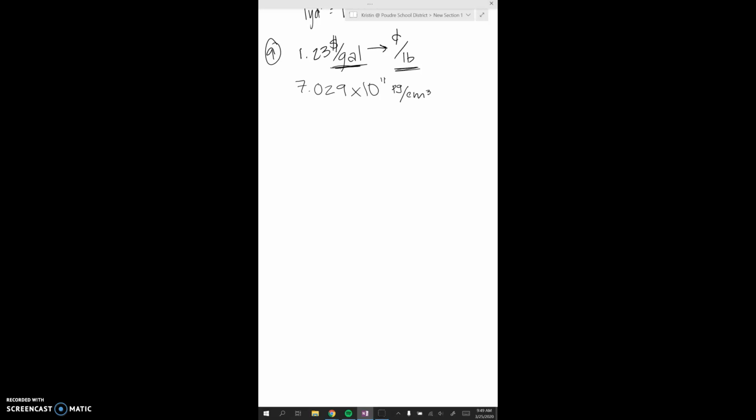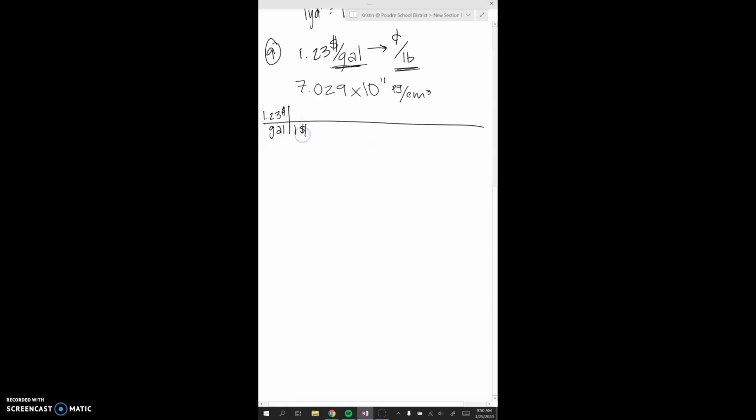I really am just going to have to make some of the units match up, and then I should be good to go. So I'm going to start with what it's asking about, which is the $1.23 per gallon. And then I'm going to do my dollars to cents first because that's the easiest.